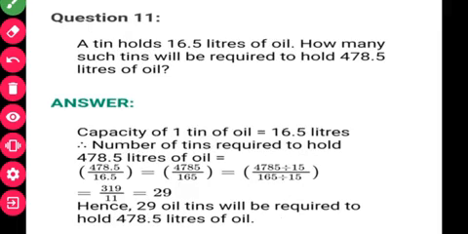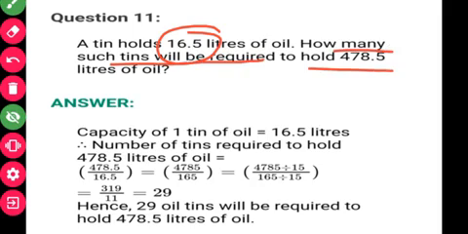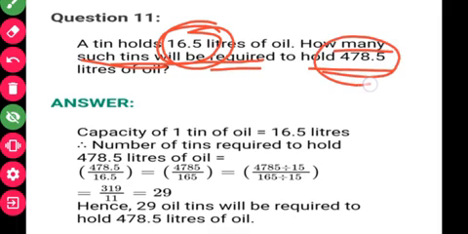Now come to the next question. Question number 11. It is given that a tin holds 16.5 liter of oil. How many such tins will be required to hold 478.5 liter of oil? So the question asks how many such tins will be required to hold this many liters.